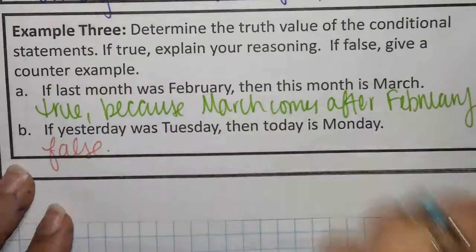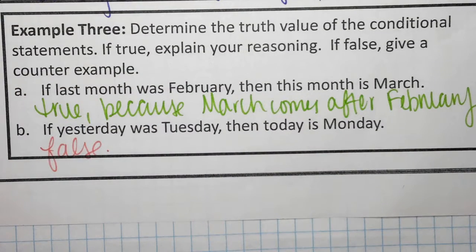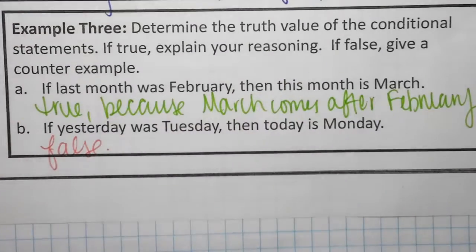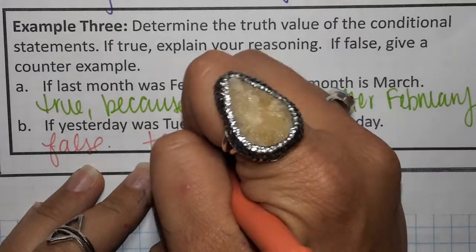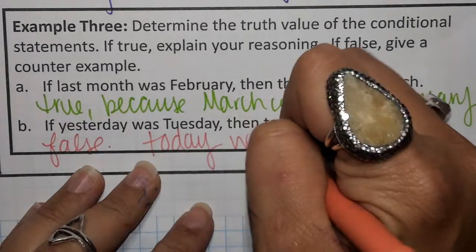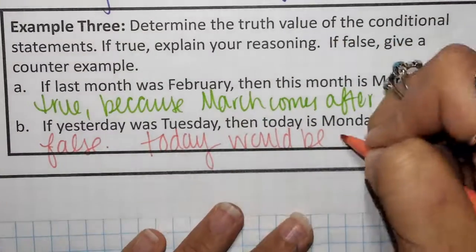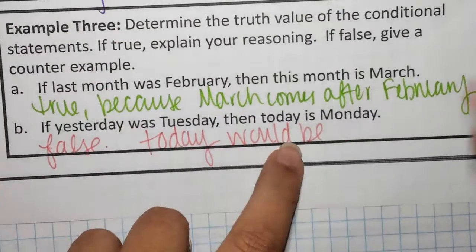False. I'm sticking with Christian. We're going with that's false. If yesterday was Tuesday, then today is Monday. Wednesday. Girl, y'all about to lose a point. Oh my gosh. Stop. Today would be, if yesterday was Tuesday, today would be what?